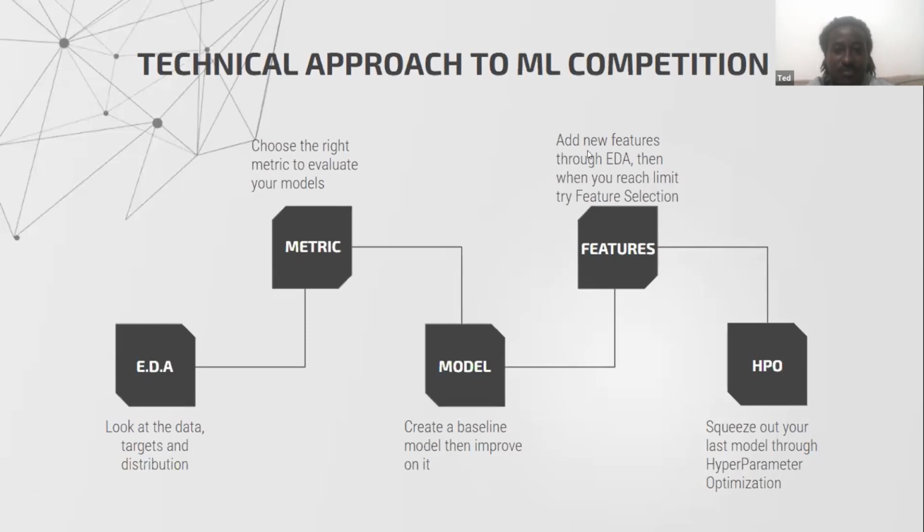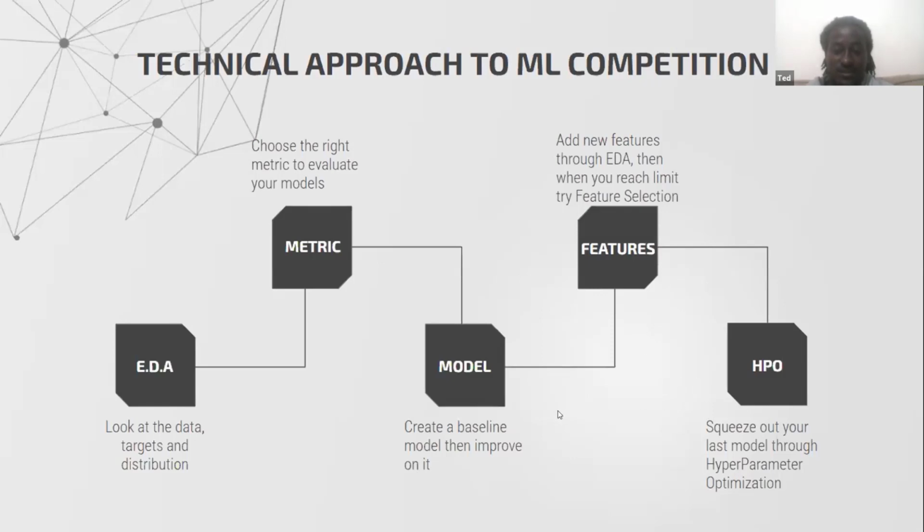Some people, after EDA and choosing a metric, and after creating that initial model, go straight to optimizing the model. That is, trying to find out the best way that model can perform. But that might not be advisable before you try out feature selection and feature engineering.